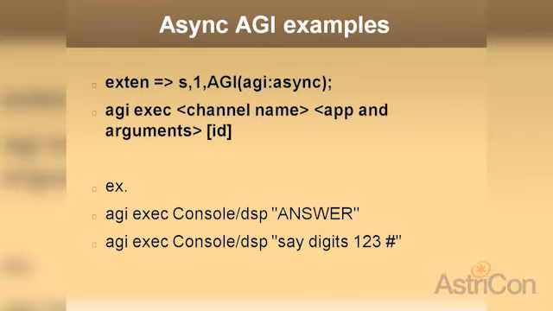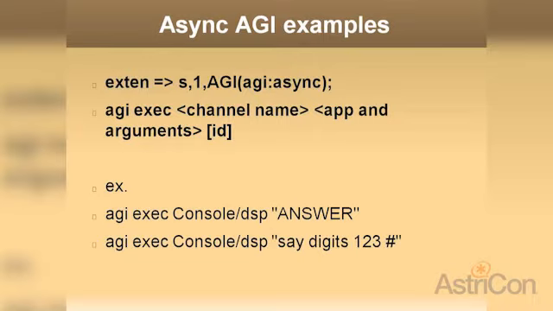From the dial plan, you simply execute AGI with async, double colon, async. After this, from the CLI, you can call agi exec, your specific channel name, and the application and arguments you want to run on the channel. For example, here I've launched my AGI async, and right after, on the CLI, I did an agi exec, my channel, Console/dsp, Answer.